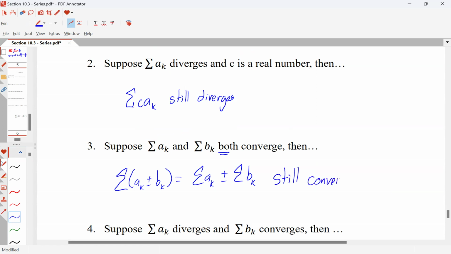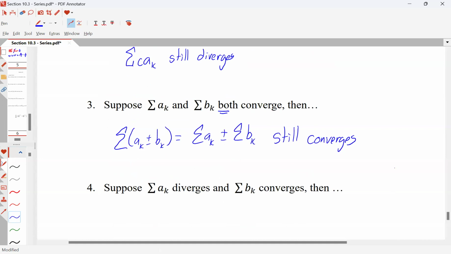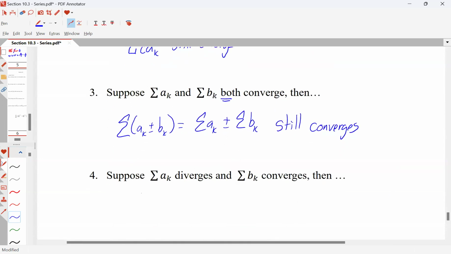Because again, we'd have real number plus real number, which is a real number. However, if one of them diverges and one of them converges, adding them together or subtracting them will diverge, because B sub k converged.